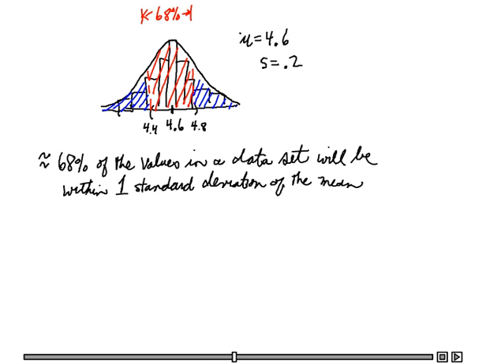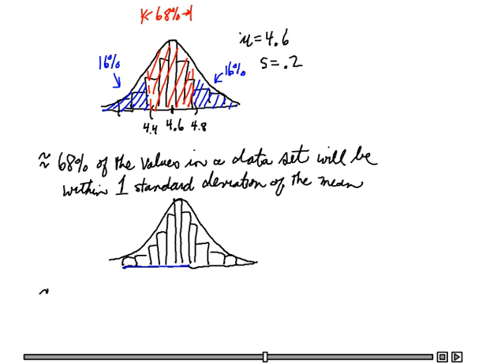The distribution is symmetric, so that would be 16% on the lower end, and then 16% on the upper end. So what percent of the Hershey Kisses would be below 4.4 grams? There'd be 16%. Likewise, what percent of the Hershey Kisses would fall above 4.8 grams? And that would be 16%, with 68% in the middle.